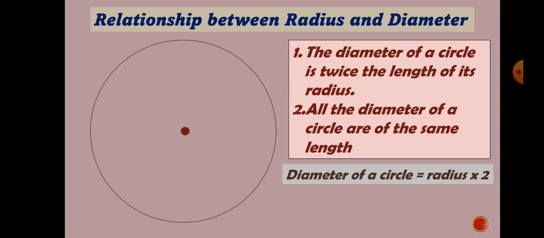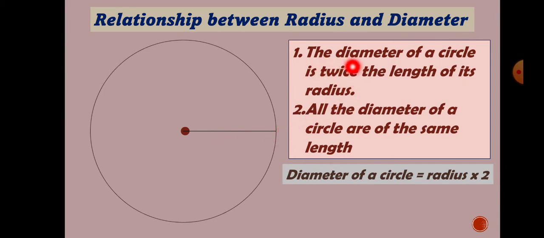As we have seen, diameter is a line which passes through the center of the circle. But when it comes to the relationship with radius, we will see how it goes. As you can see, a line over here which I have drawn from the center of the circle to the other point of the circle is called a radius.